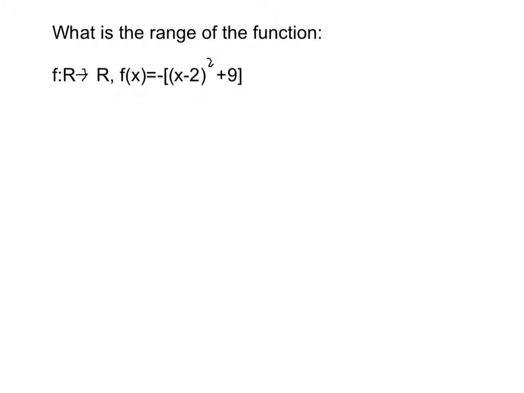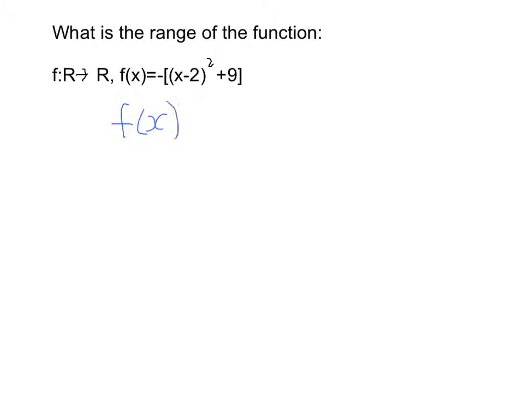If we look at this one, we've got the real numbers mapping onto the real numbers, so there's no restriction in the domain, except for what the range is allowed to equal. We have an interesting little set of brackets here, so I'm going to expand that out to simplify the function a little bit.